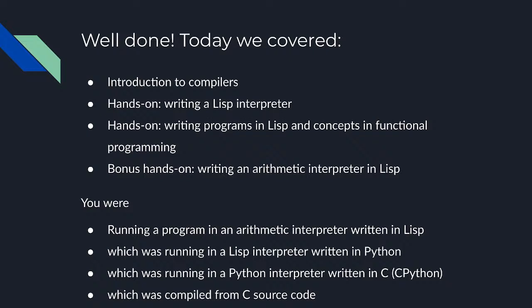So there's a lot of abstractions in between, but it's kind of invisible to us, but this is what happens. And like I said, you could potentially write a Lisp interpreter in Lisp or a Python interpreter in Python. The possibilities are endless. The concepts are the same. It's just how much pain you're willing to put up with.